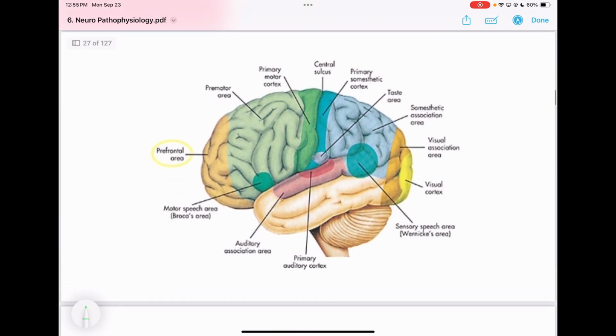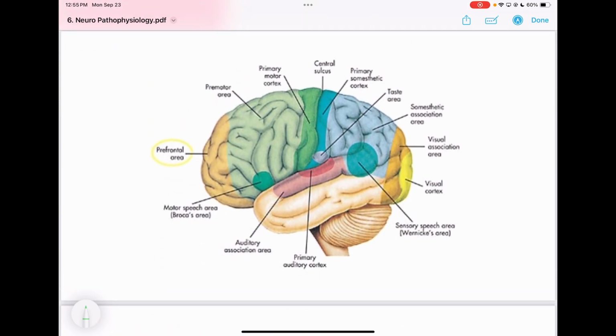So here is our brain, and we have it all mapped out again. There is our central sulcus, and that divides the primary motor cortex, or the precentral gyrus, and the sensory, which is the postcentral gyrus.